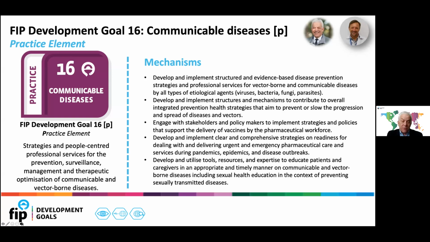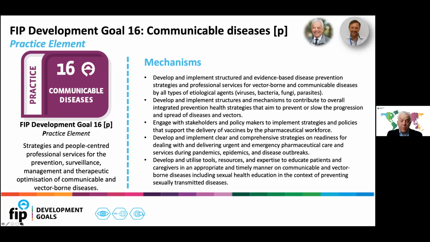And of course, we need to develop and implement clear and comprehensive strategies on readiness for dealing with and delivering urgent and emergency pharmaceutical care and services during pandemics, epidemics, and disease outbreaks. And here we all have the ongoing pandemic in mind.